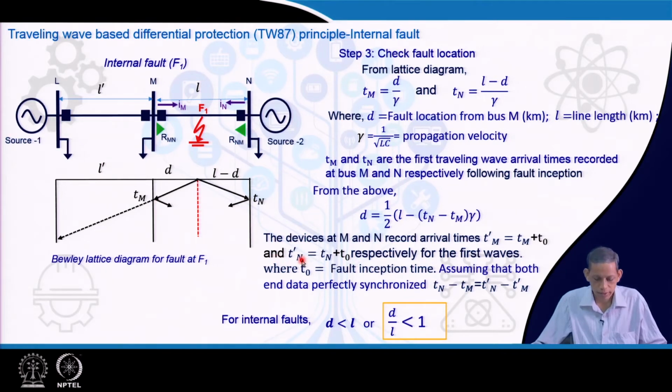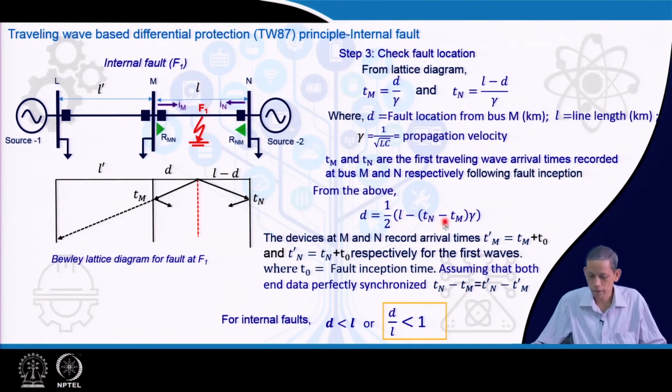Similarly, at the n side T n dash equals T n plus T naught, T n is the travel time and T naught is the fault inception time. So, now assuming that both end data are perfectly synchronized, clocks at R m n and R n m being perfectly synchronized, then T n minus T m equals T n dash minus T m dash, T naught cancels out. So, we got T n minus T m equals T n dash minus T m dash.